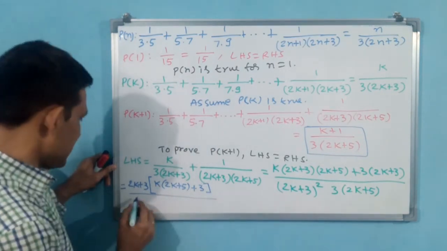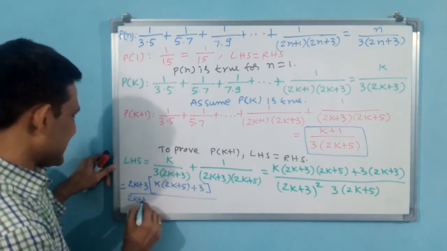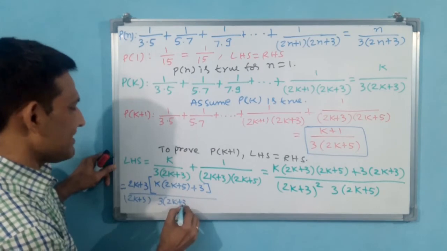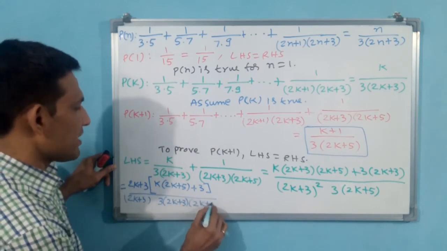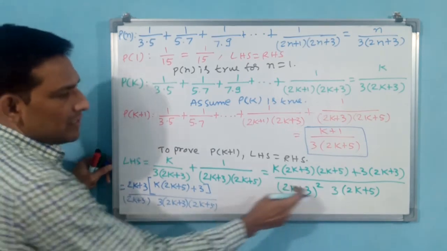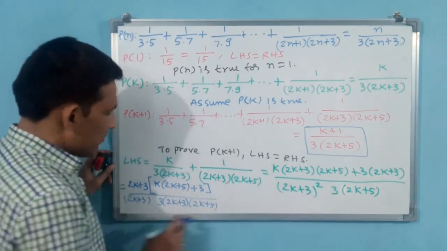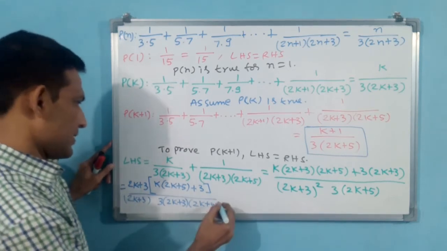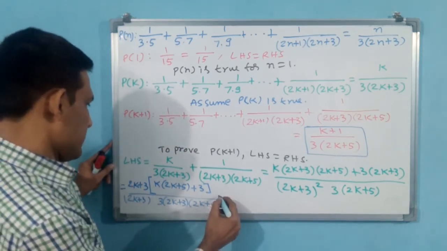Okay, 2k plus 3 I am writing here. Again 3 into 2k plus 3 into 2k plus 5 I am writing. Why? Because see, 2k plus 3, 2k plus 3 are going to get cancelled. One I have written, another one I have written here, you see. 3 into 2k plus 3 into 2k plus 5. Okay?